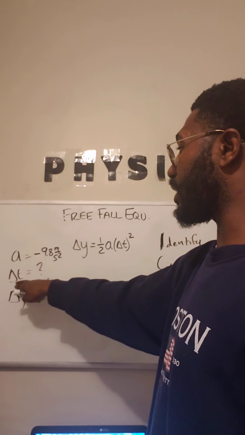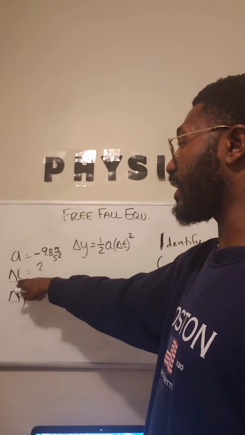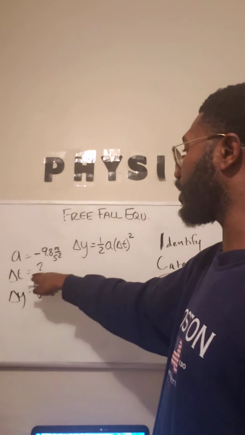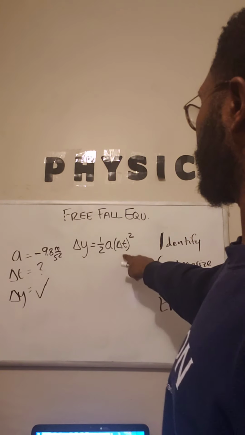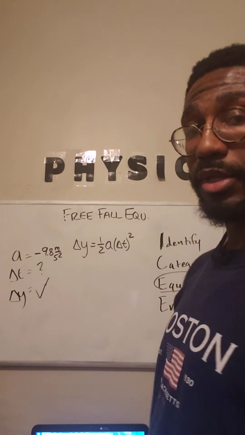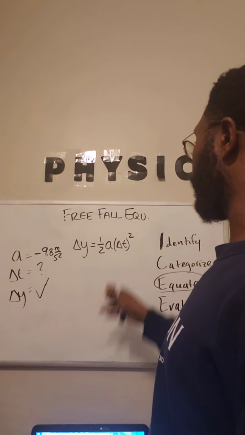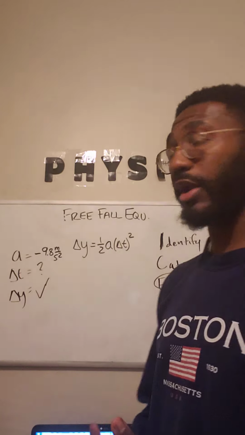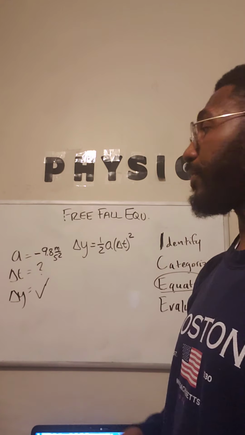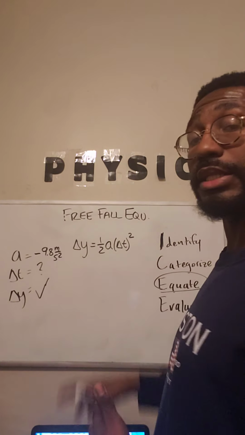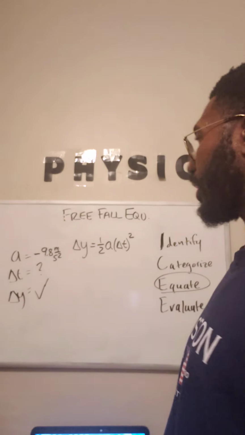So I need delta t in the numerator, and I need it to be alone on one side of the equal sign. Currently, delta t is in the numerator, so that's good. If it were not in the numerator, I would need to move delta t. But I actually don't have to move delta t because, again, it's in the numerator.